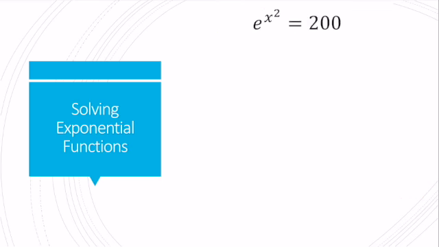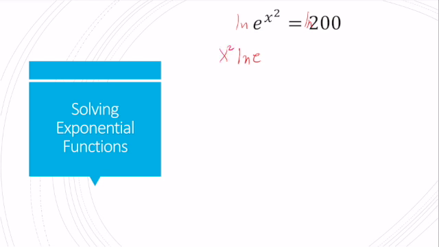Now what if I have e to the x squared equals 200? I'm going to take the natural log of both sides. That gives me the natural log of e to the x squared, and I can move this x squared to the front.